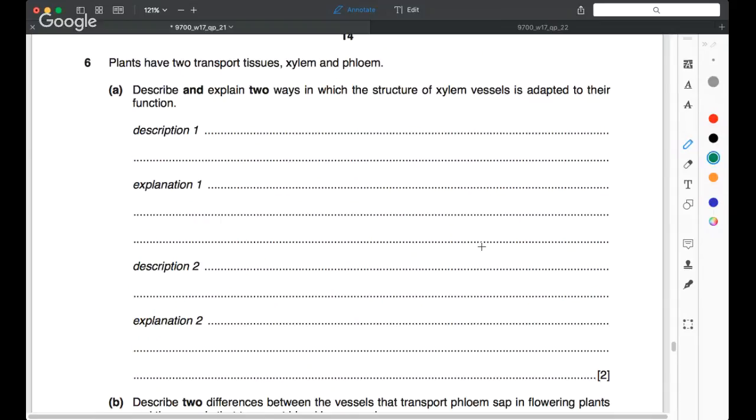Contains a small diameter in order for air bubbles not to... Actually, I won't take that one. That's a bit weird. Okay. Let me think.